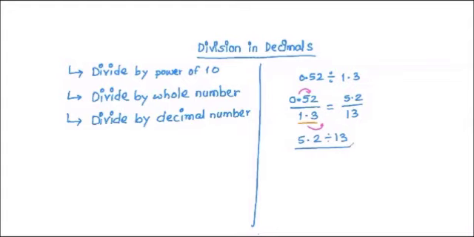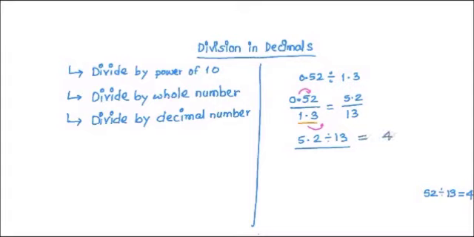In division by a whole number, we first perform the division without the decimal point, or ignoring the decimal point. So in this case it would be 52 divided by 13, and we get answer 4.